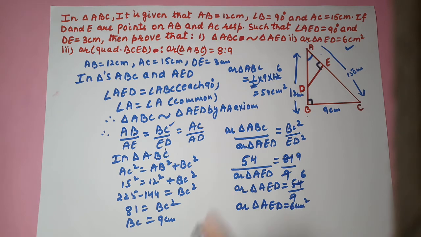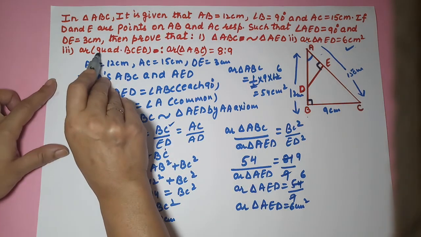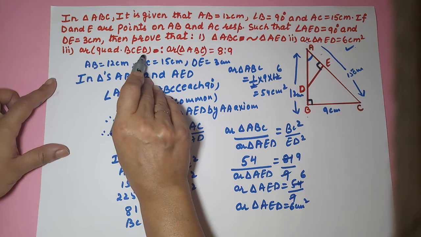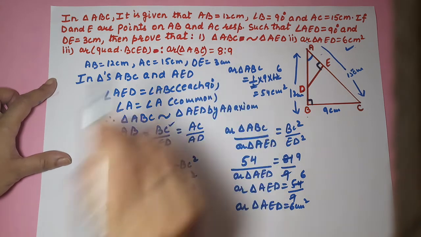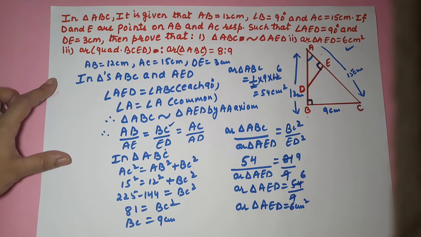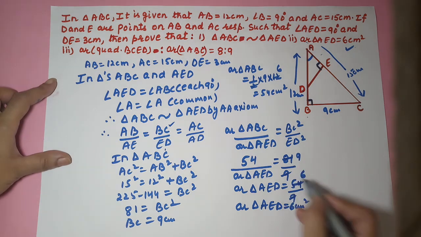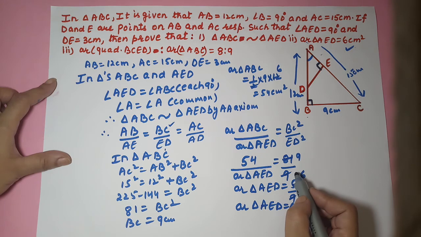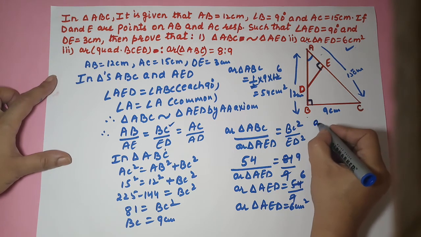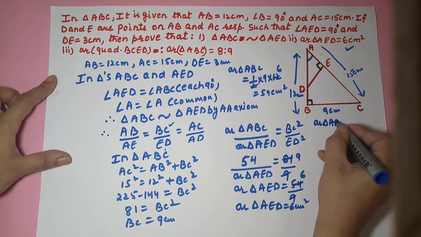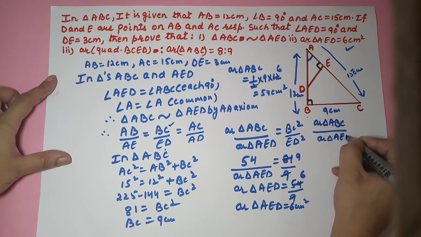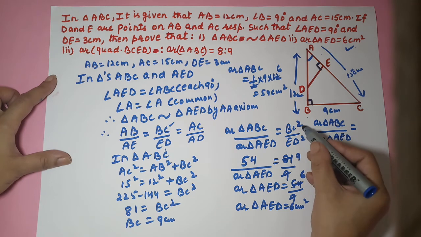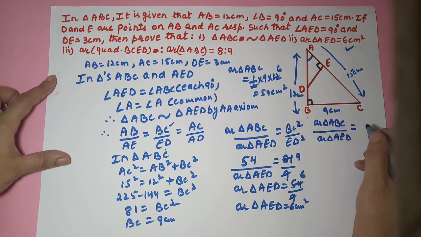Okay. Now we have to calculate the third part. Area of quadrilateral BCED to area of triangle ABC should be 8:9, right? For that, I have just calculated here area of triangle ABC upon area of triangle AED was 9/1, right?